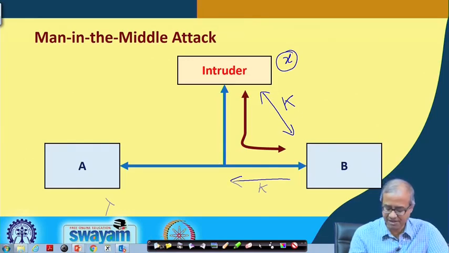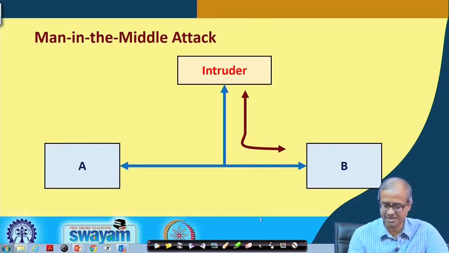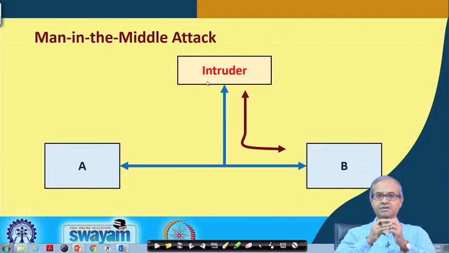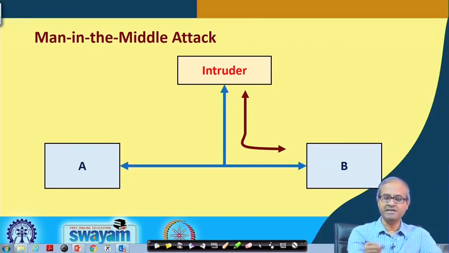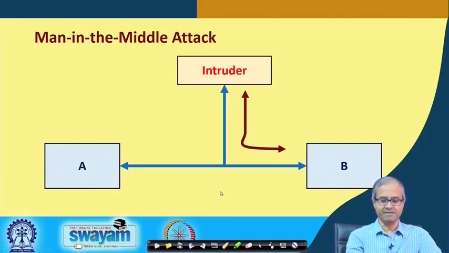So, this Diffie-Hellman method is susceptible to man in the middle attack. You should remember that the intruder is an active intruder, fabricating packets and trying to mislead B into believing that the intruder is actually A. Okay? Fine.